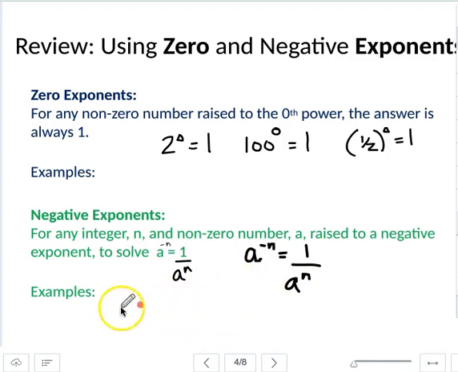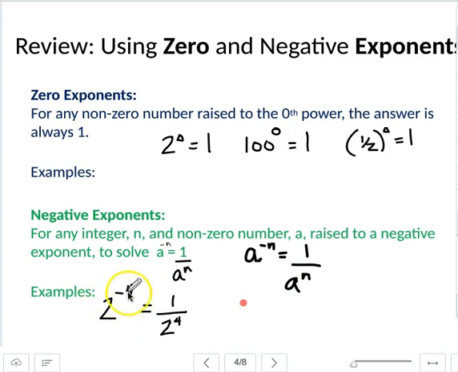Let's look at an example. If you have 2 to the negative 4th exponent, we evaluate it by flipping it to its reciprocal, and then the exponent becomes positive. So again, if you have any number raised to a negative exponent, you flip that number to its reciprocal, and then the exponent becomes positive in the denominator.